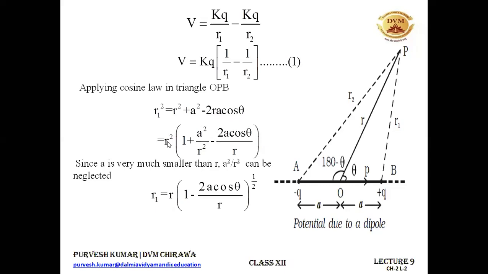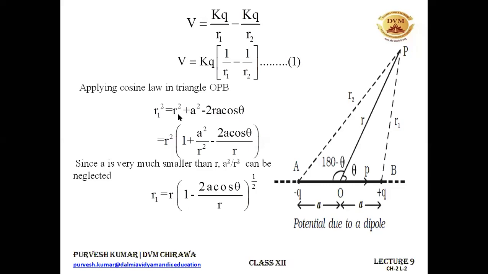That's why it becomes R, and inside the bracket the power is half. So we are left with this expression: R1 is equal to R, inside the brackets 1 minus 2a cos theta by R, to the power half. That's what we are left with.